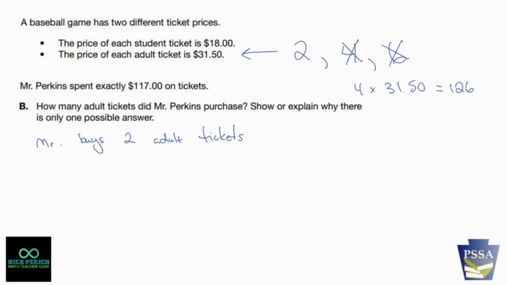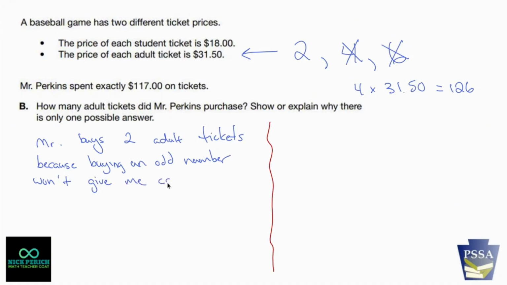Now, I'm going to show my work over here. And I'm going to continue that by saying, because buying an odd number won't give me correct change, and 4 adult tickets is $126.